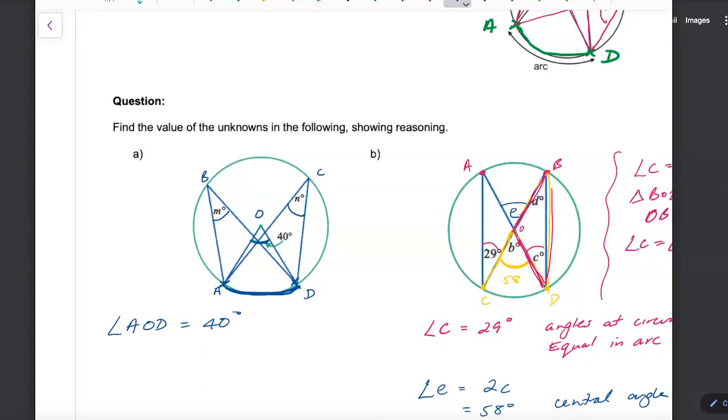I know that angle AOD at the center is 40 degrees, and I know that angle ABD is going to be exactly half of 40. That's because of the central angle theorem. So this is telling me that angle ABD, which is represented by M, is 20 degrees.